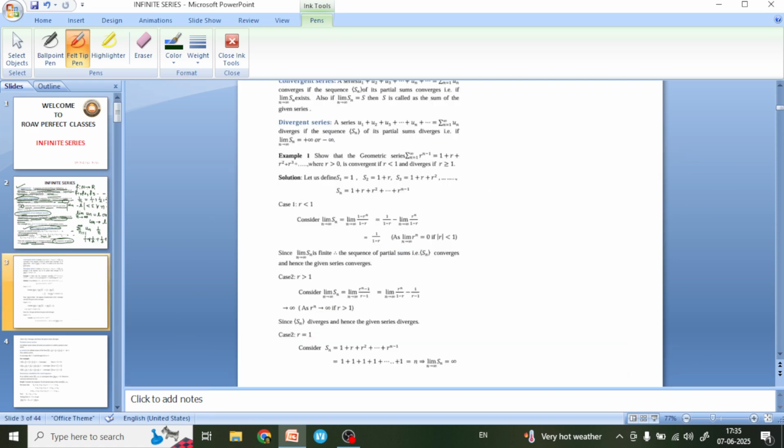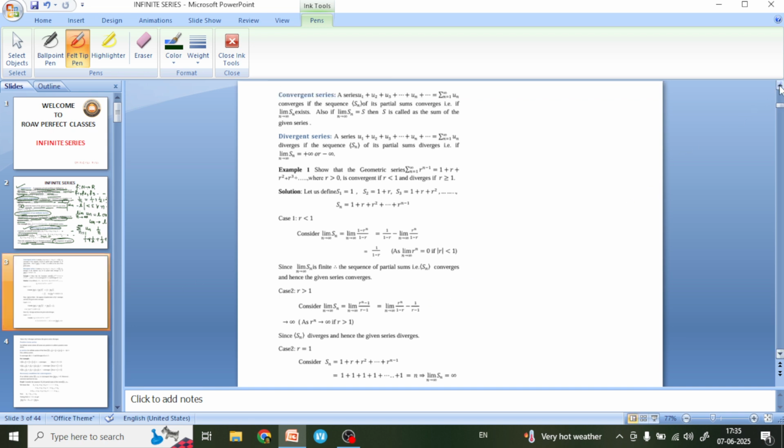Now next point is the convergent series.